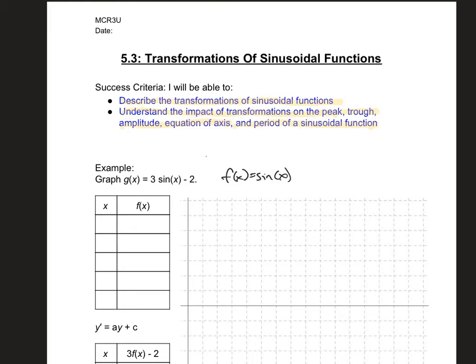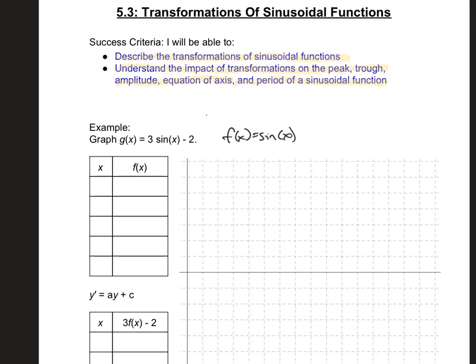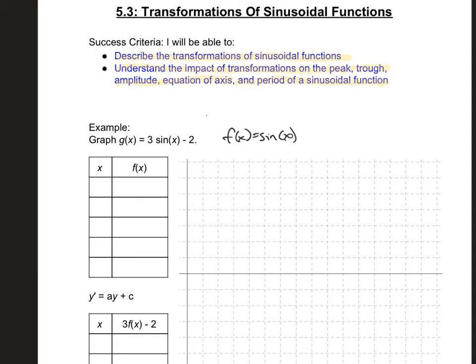From our lesson last time on graphing, we talked about the 5-point system of graphing a sine graph or cosine graph. The x values were the same for both, and those are important points: 0 degrees, 90 degrees, 180 degrees, 270 degrees, and 360 degrees.